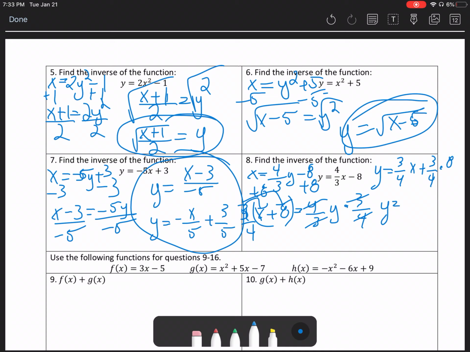Okay, y is equal to 3/4 x. Now if you multiply across, it is going to be 24/4. So your final answer is y is equal to 3/4 x plus 6. Remember you can use calculators, don't get so bogged down by fractions. And that's going to be your final answer for that. So we're done with inverses.